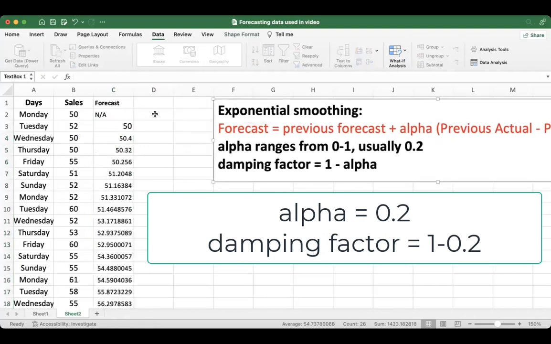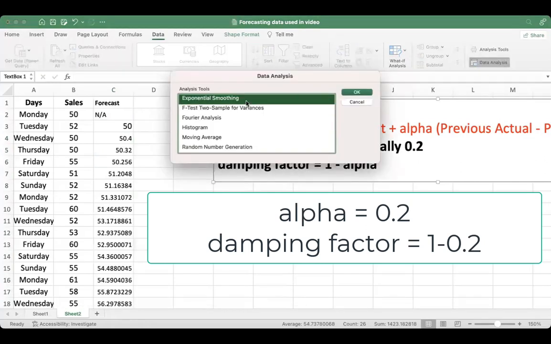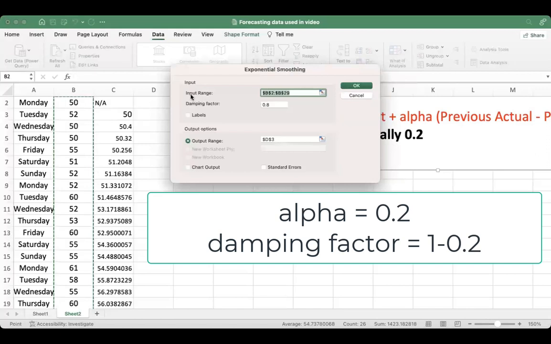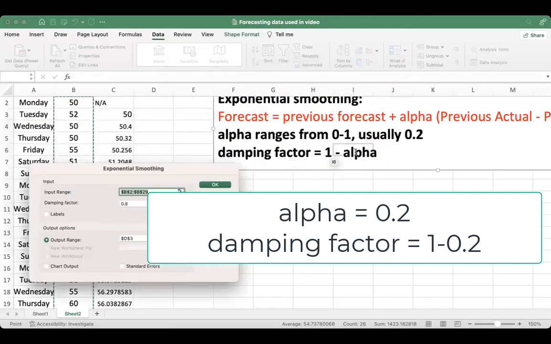And we can also do exponential smoothing using a predefined function in Microsoft Excel. So if you click on data analysis, we have exponential smoothing, click OK. And then it says, what is your input range? Input range is this one. And then damping factor, as you can see here, is equal to 1 minus alpha.